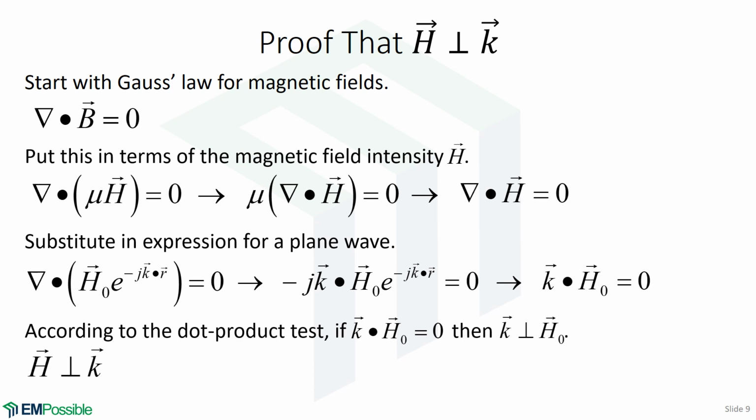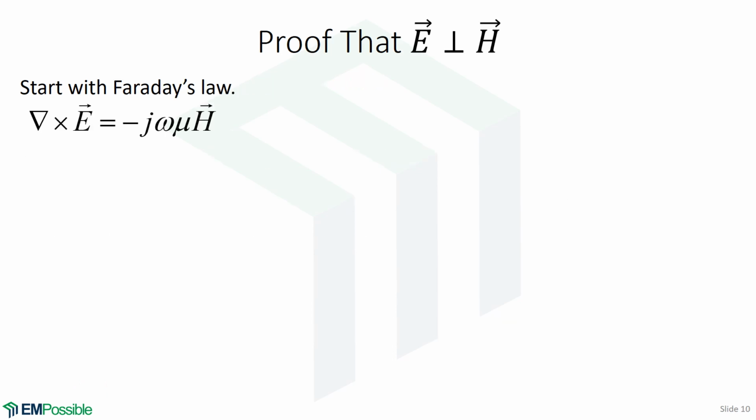Again, if the dot product of two vectors is 0, it has to mean that they're perpendicular, and our conclusion is that the magnetic field H is perpendicular to k. So E is perpendicular to k, H is perpendicular to k. We have yet to prove that E and H are also perpendicular to each other.